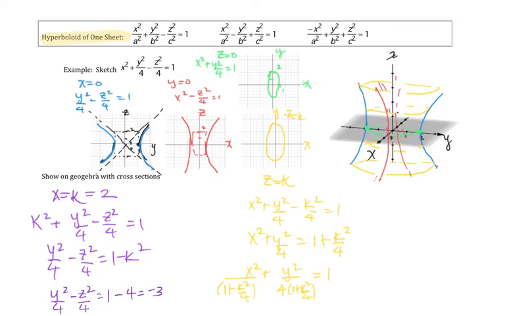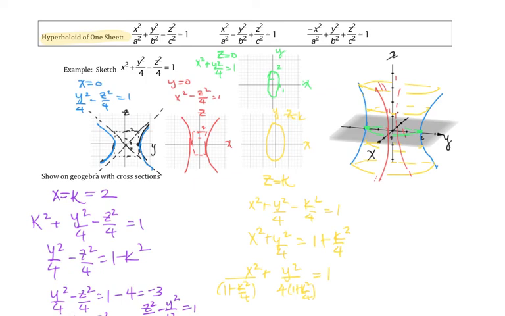We divide by -3, we get y squared over -12 plus z squared over 12 equals 1. And if we put that in our standard form, notice it's the y that's negative, so it's z squared minus y squared.